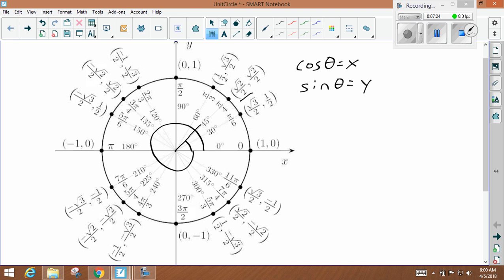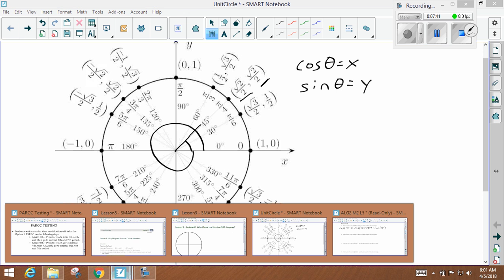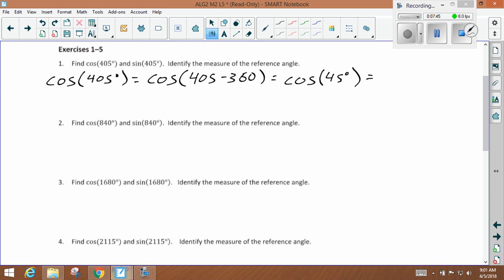We can also answer the other question that was there already, right? What is sine of 405 degrees? It's going to be my y-coordinate at the coterminal angle of 45 degrees. So that is the square root of 2 over 2.